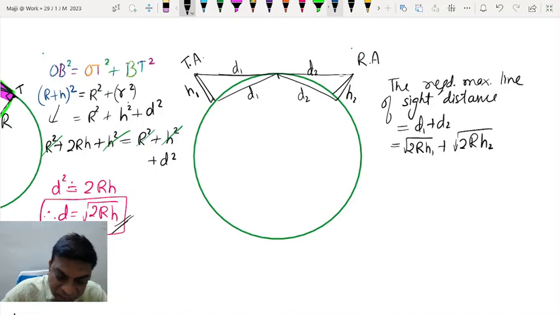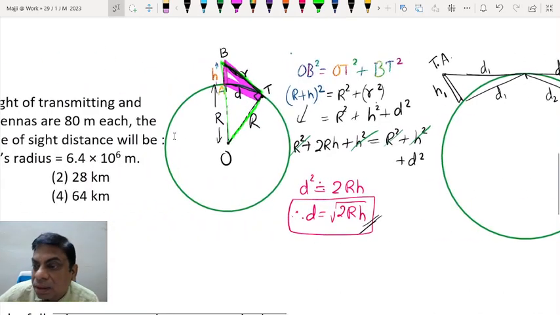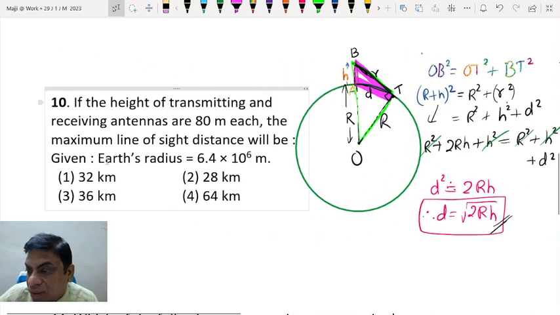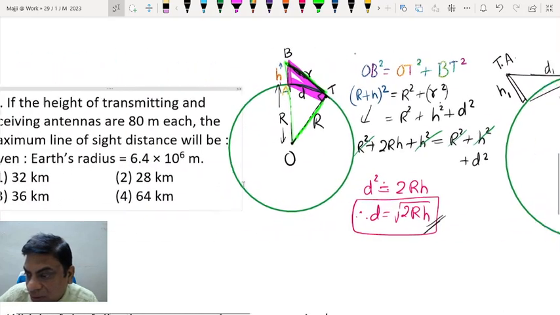So here in this case, both heights are same. So we can double any one of them. Radius of Earth is given as 6.4 into 10 power 6 and heights are 80 meters each. And options are in kilometers.